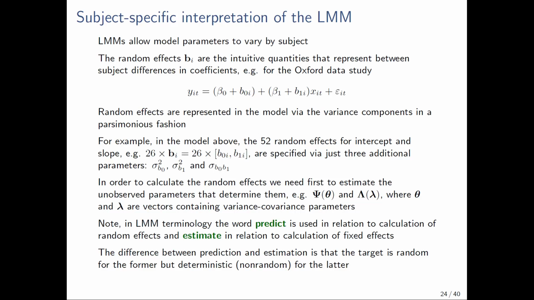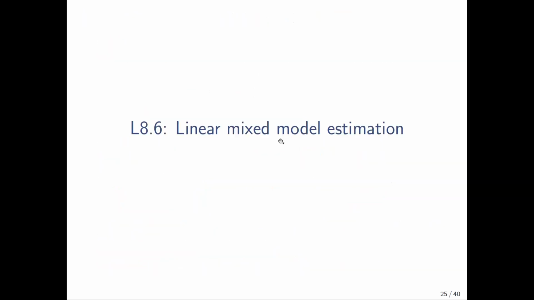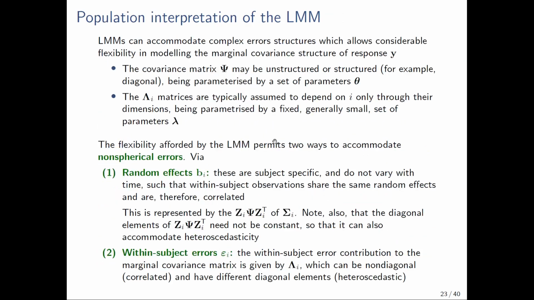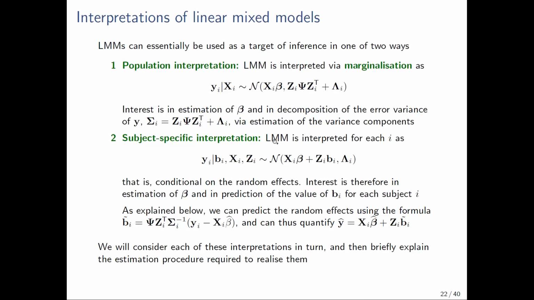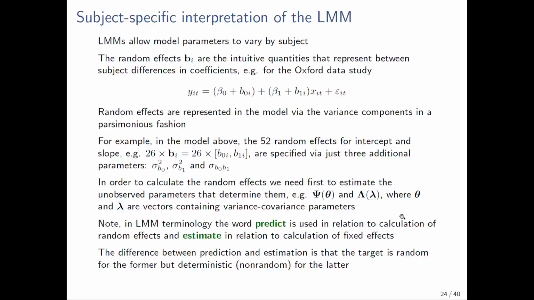The difference is that the target is random for the random effects, but deterministic, non-random, for the fixed effects. That's why we write a tilde over the predicted b's rather than a hat, because the hat denotes estimation, and the tilde denotes prediction.